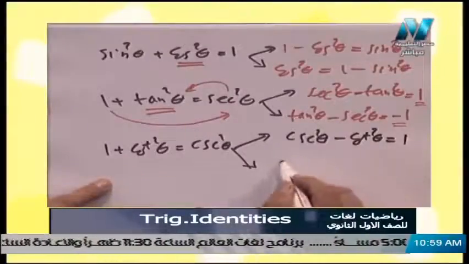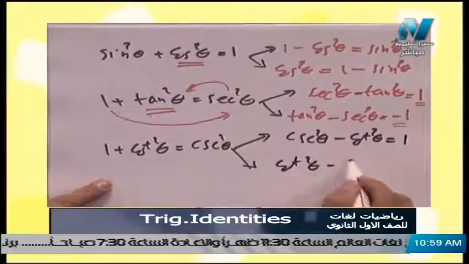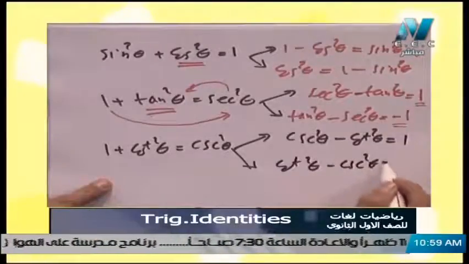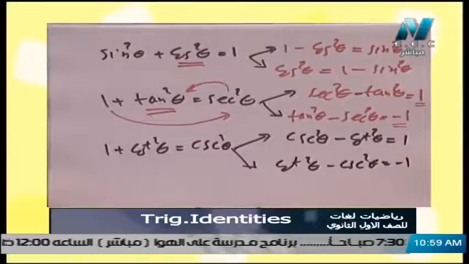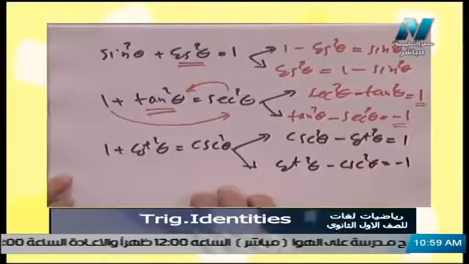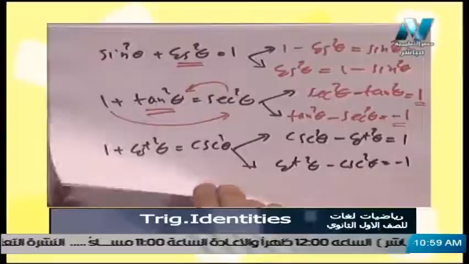And of course, cotan power 2 theta minus cosec power 2 theta equals negative 1. Okay? It's very important, my dear students, for you to keep all this in mind, because if you have them in mind, you can act with the proofs which we'll study here.